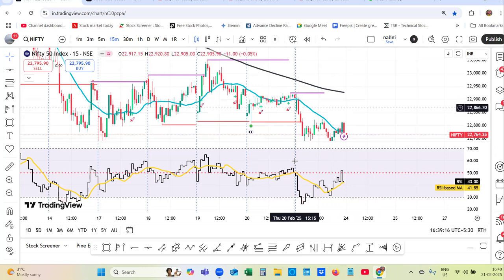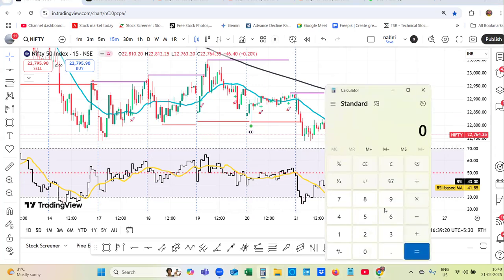So I took the calculator and I calculated my levels. That was 22,921. So these are the ways you need to decide your trade and calculate your levels for the day, so that you will not get disturbed by the intermittent up moves.